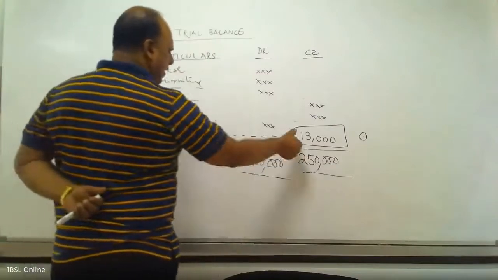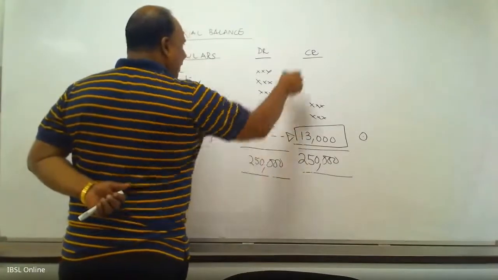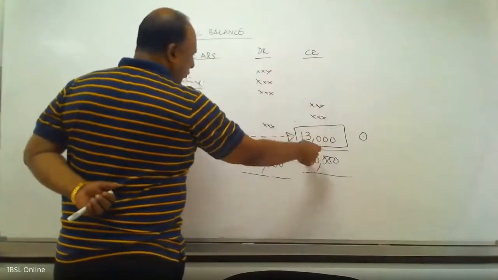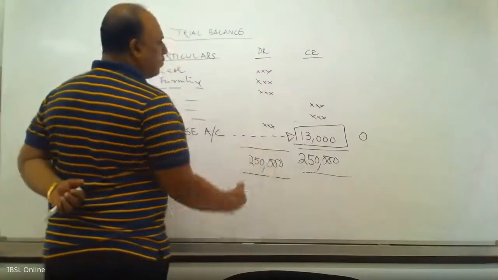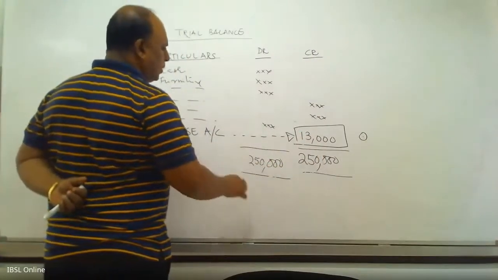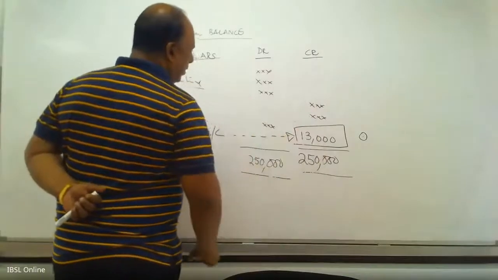Okay, so in this case it is 13,000 that we are posting into the credit column. So if you go and put it to the debit column, then this will go further. We don't do that. We will put it to the relevant column.